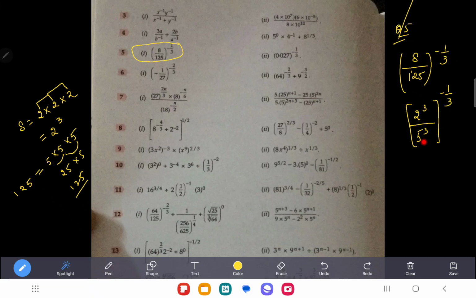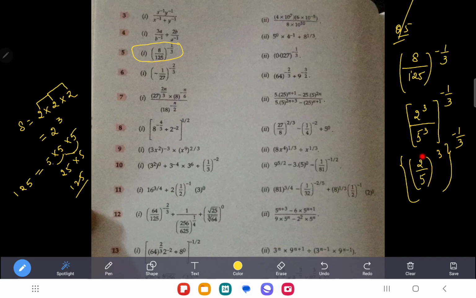What do I see in here? I see that I have 2 raised to power 3 and 5 raised to power 3, so you have 2 over 5 raised to power 3, raised to power minus 1 over 3. Because the numerator and the denominator both are raised to the power 3, I can quickly make that one power and put the entire fraction into a bracket.